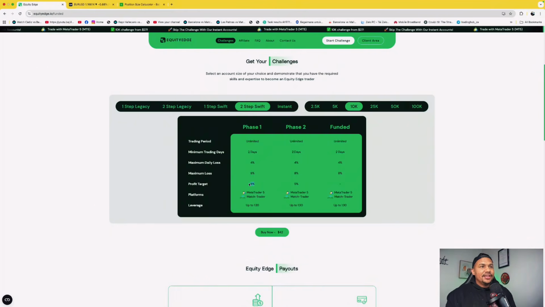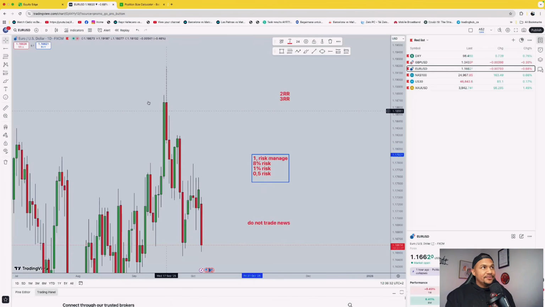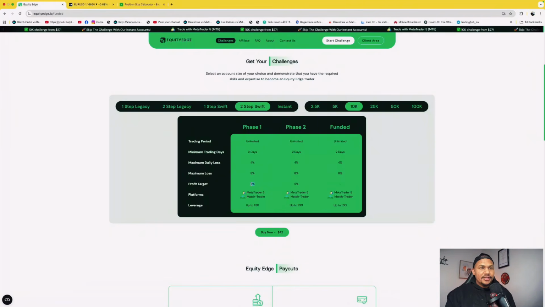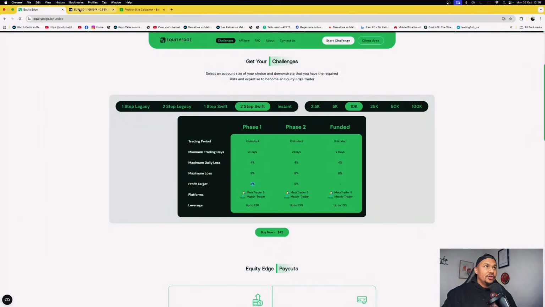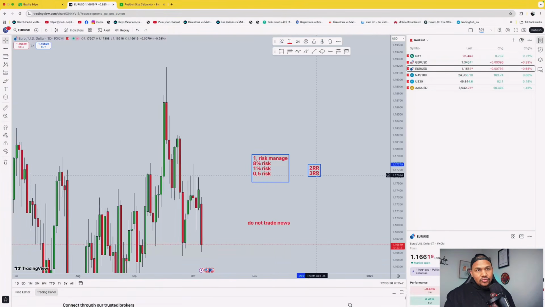Now, let's say, how long would it take you to hit the profit target? Firstly, if you use the initial 1% that we've talked about, right, and you do a risk to reward of 1 to 2, where you risk 1% to make 2%, that means you would need 4 trades that hit take profit in order to hit your target.